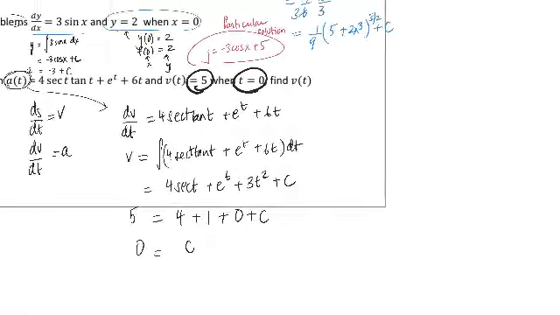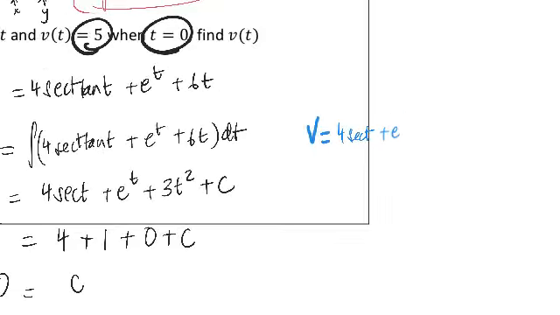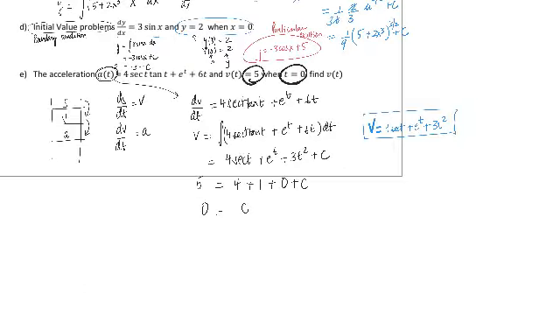And I can come back here to just write my final answer. v is equal to 4 secant t plus e to the t plus 3t squared plus 0. So I don't have to write anything. This would be my answer right there, right? And you can differentiate it and see that you would get this thing that we started with.